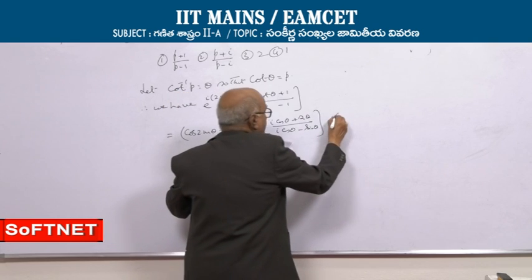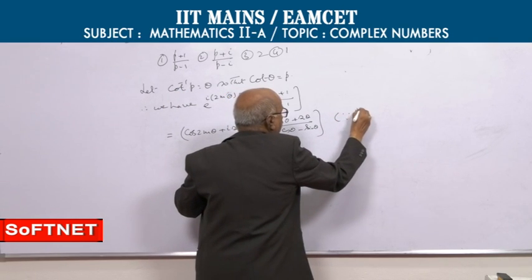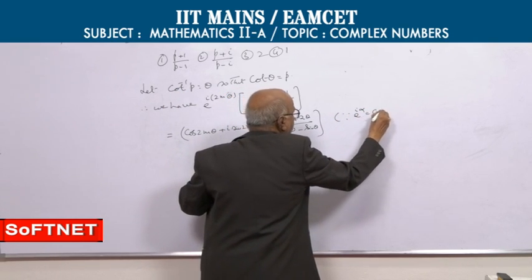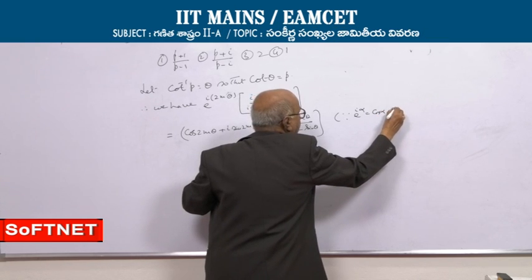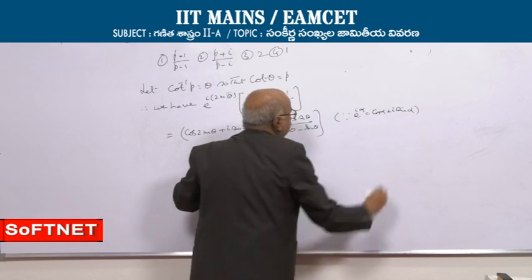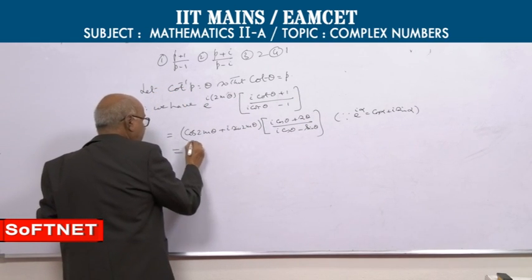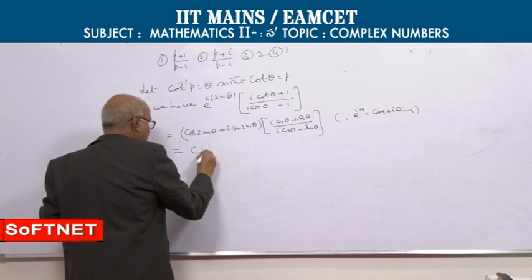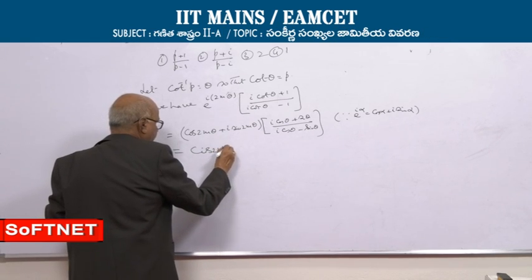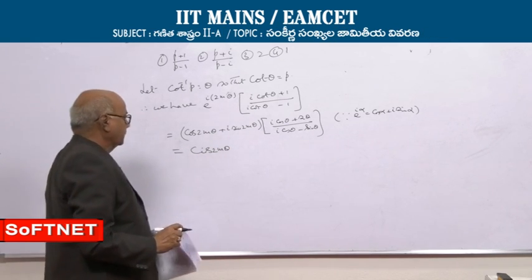And all of you know that e power I alpha means cos alpha plus I sin alpha. Now if you simplify this, instead of writing every time, I will write cis 2m theta, because cis theta means cos theta plus I sin theta.